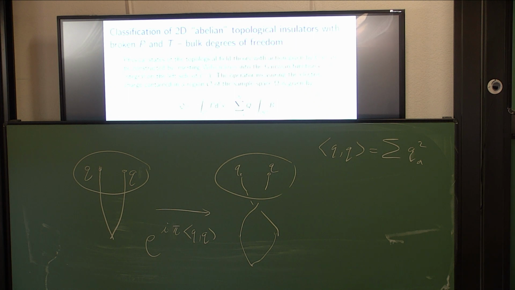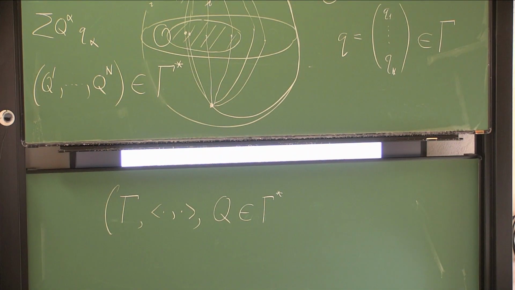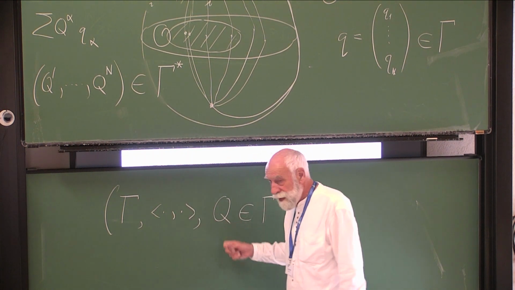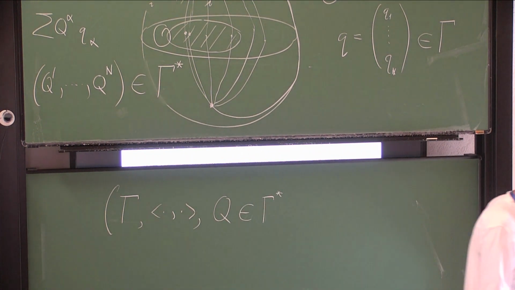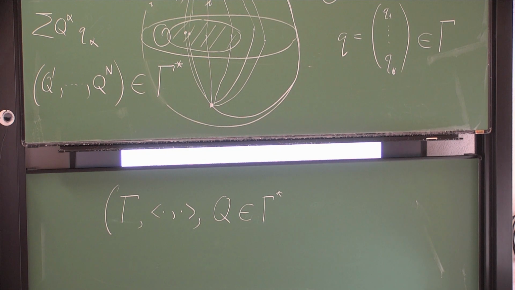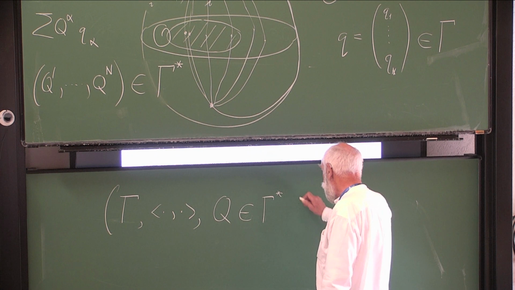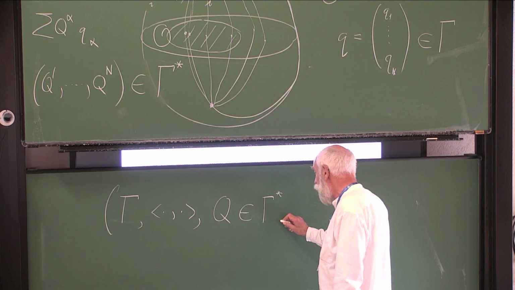Then a vector in the dual lattice, or point in the dual lattice, it is visible because there are sites in gamma on which Q, when you evaluate it, takes the value 1. So this is a visible vector, so called a visible vector. So you have to classify these data.